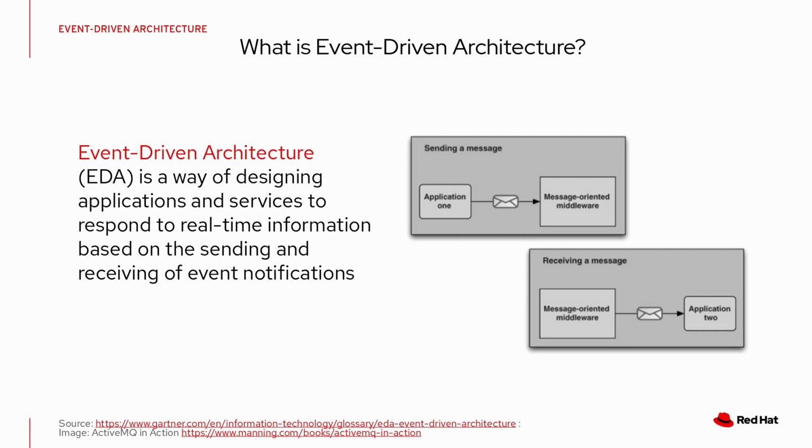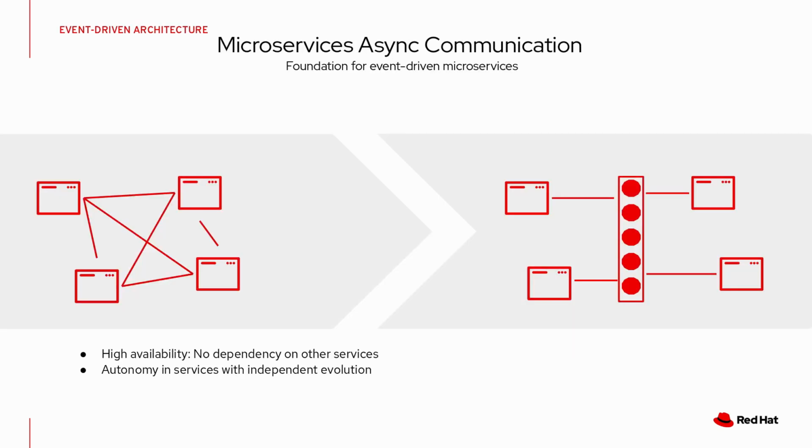So the event-driven architecture is a way how we can design applications or services which will consume real-time data information that will be sent to them in the form of events. This approach is very useful in a number of ways.